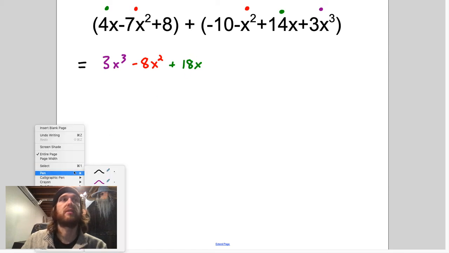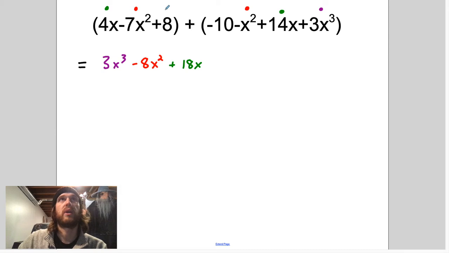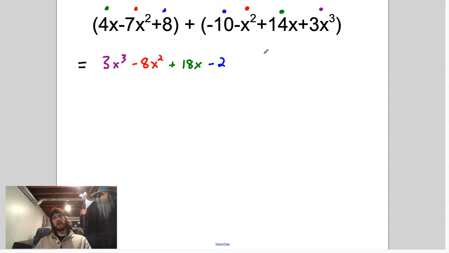And then lastly, we have our two constants, 8 plus negative 10. 8 plus negative 10 will be negative 2. So that easy, folks. That's a great and easy way to add polynomials.